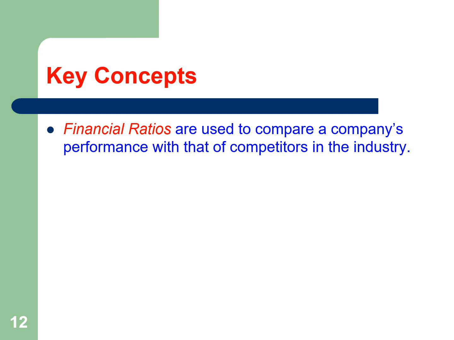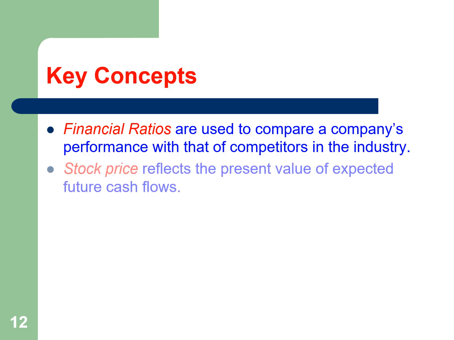Ratios allow for an apples-to-apples comparison across different companies regardless of their size. Stock price and cash flows. A company's stock price is not just a random figure. It's a reflection of the present value of expected future cash flows.